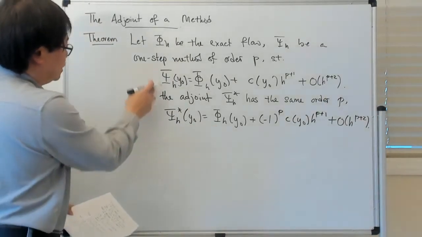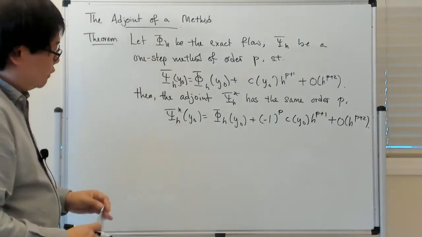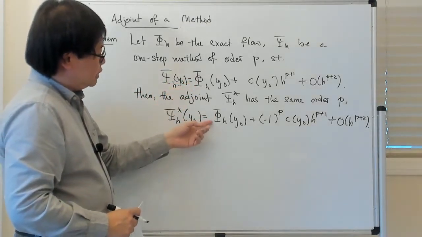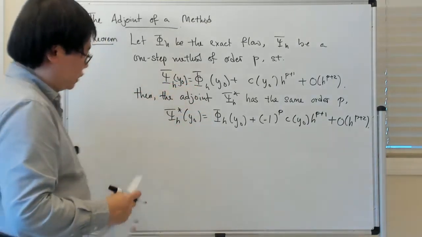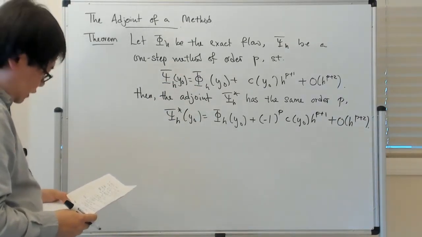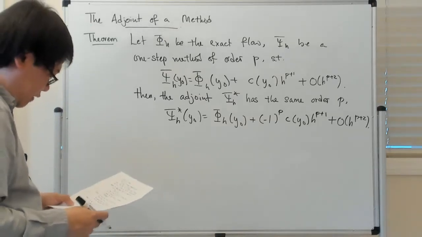So this theorem relies again on following the definition of the local error and then using the property that the exact flow map is self-adjoint. Anyway, let's not worry too much about the proof of this, but there's an important consequence which deserves to be emphasized.